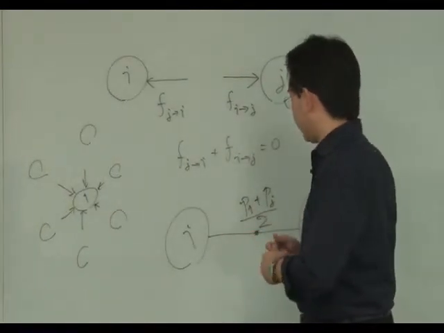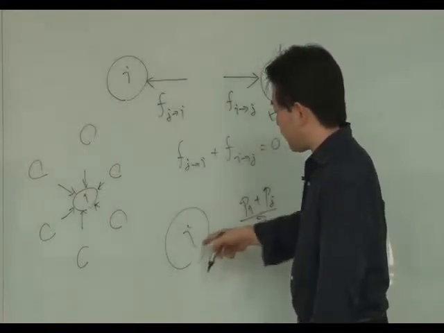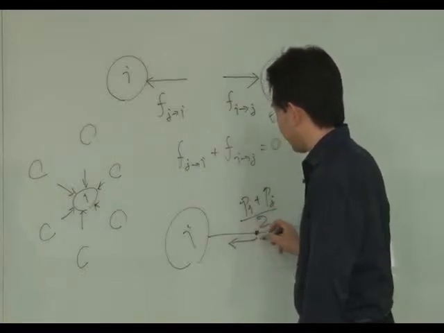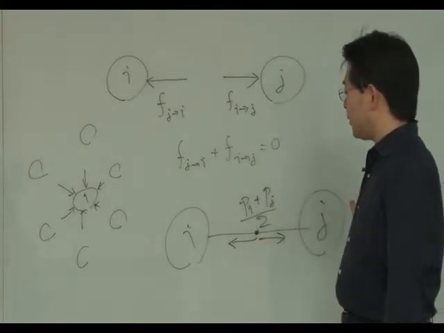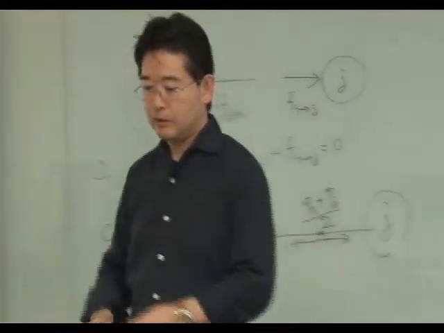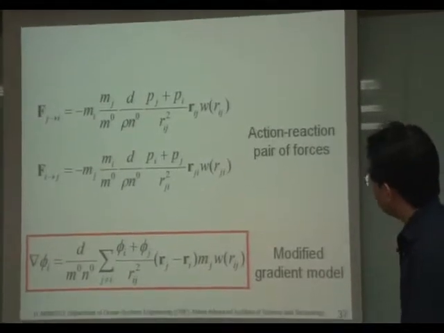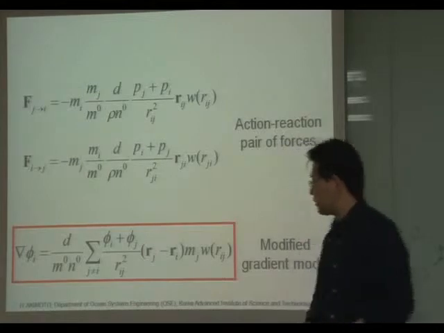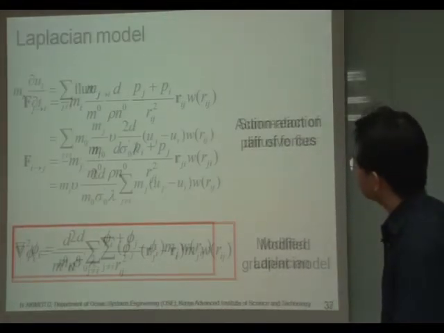The particle gets the influence of this midpoint pressure. So automatically the effect from J to I and I to J is the same. This is the result of the modification of the gradient model.